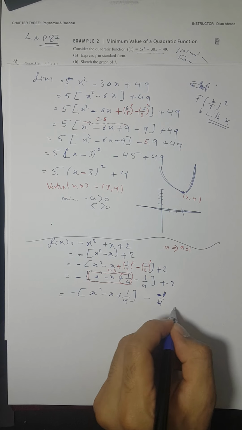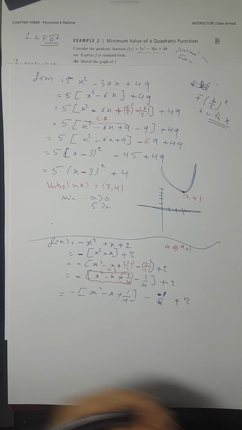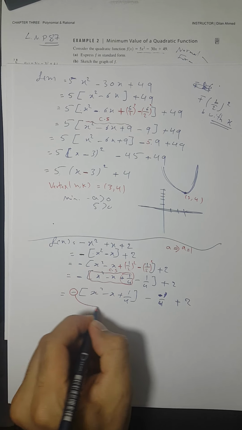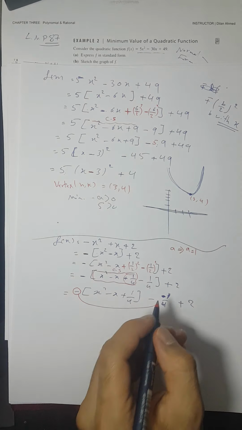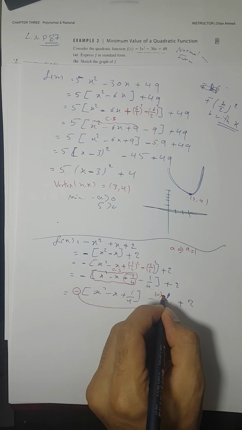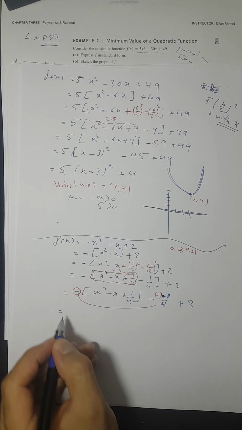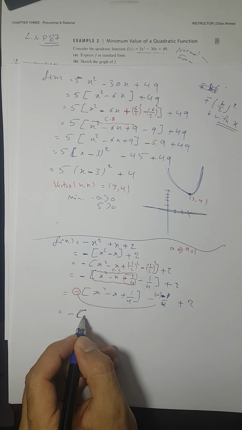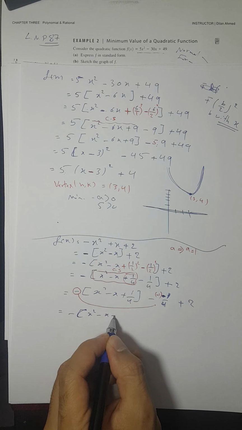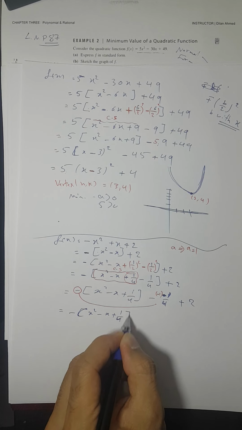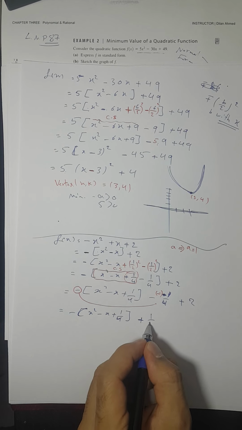Sorry, not about this minus, plus 2. And don't forget about here, we should multiply like that as we did before. So I have negative, minus 1 also multiplied. So I will get what? Minus x squared minus x plus 1 over 4, okay, so plus 1 over 4 plus 2.